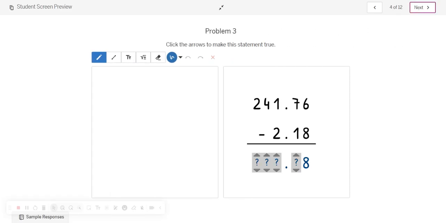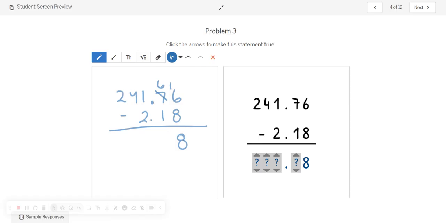Same thing here. They already started me with the 8, but 24176 minus 218, subtract. Wow. So we can borrow from the 7 dimes, make it 6 dimes. That would make this one 16 pennies. That's where they got that 8 from.